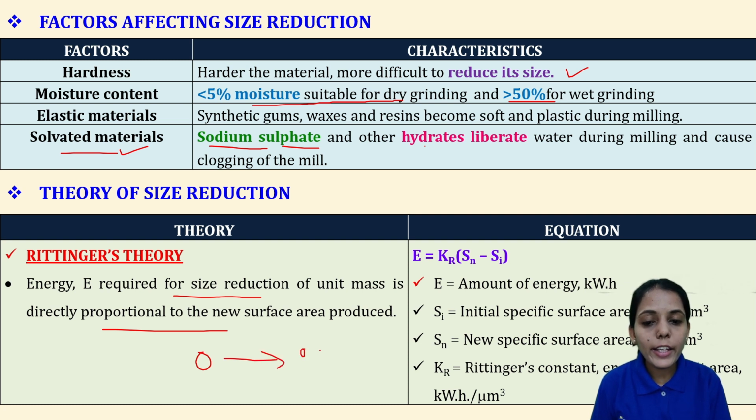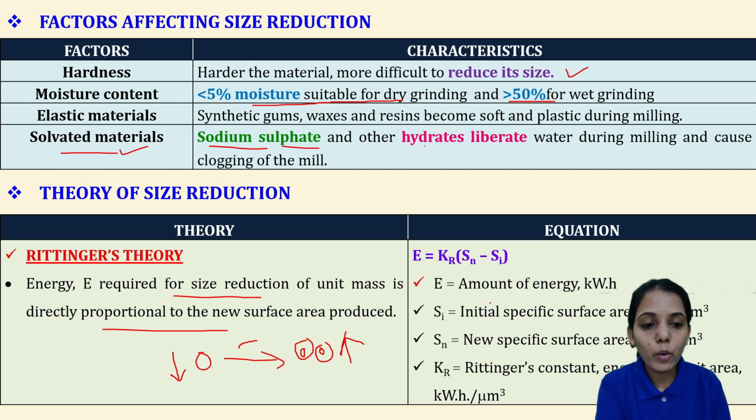If it is divided into two particles, then whatever energy is required is proportional to the new surface area which is produced, because of size reduction, surface area is increased. How much surface area is increased? The energy is proportional to that new surface area produced. So this is given by Rittinger's theory.